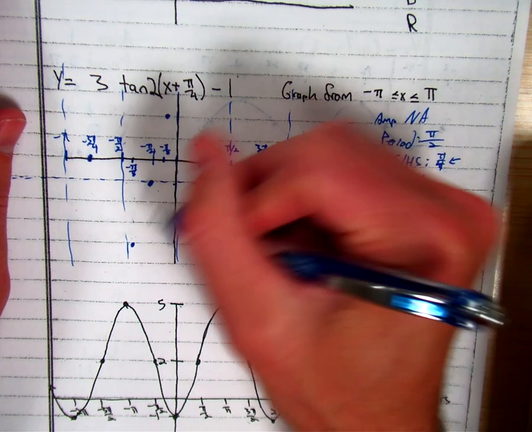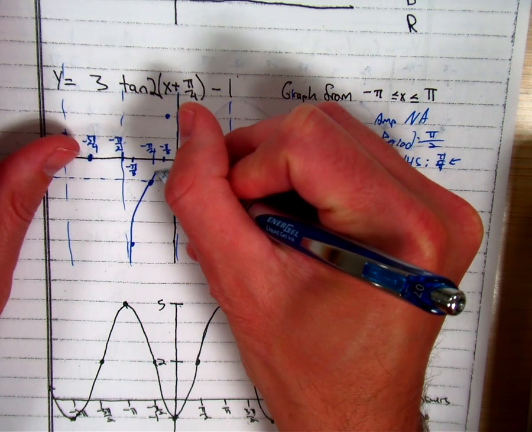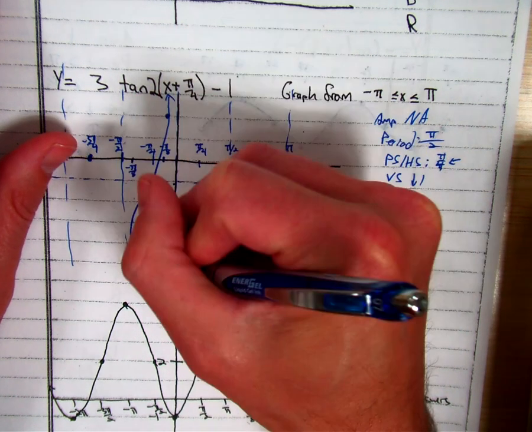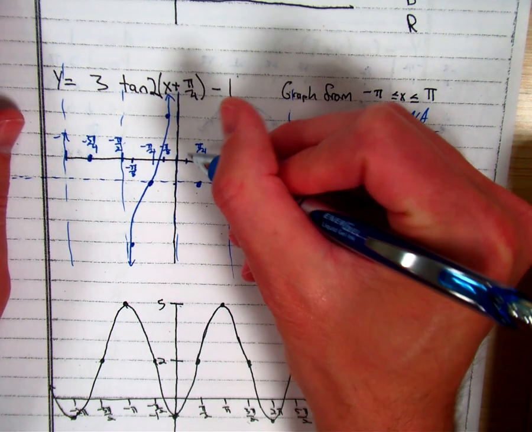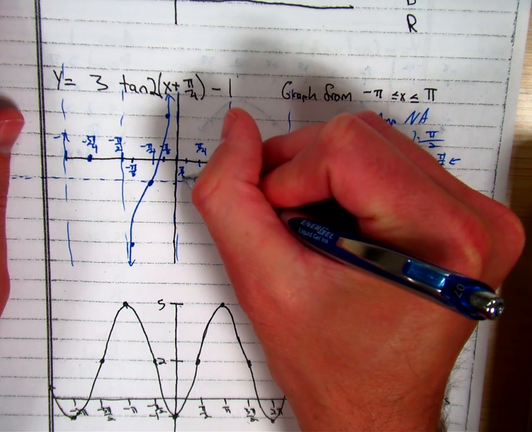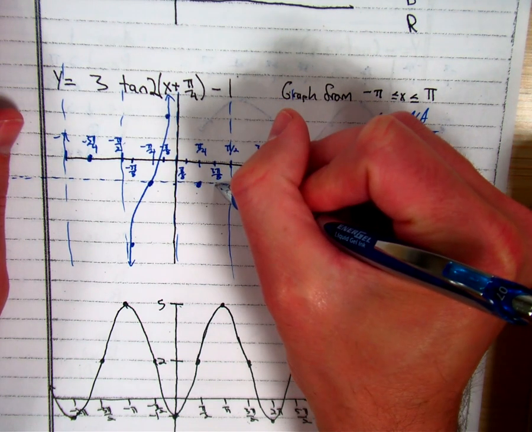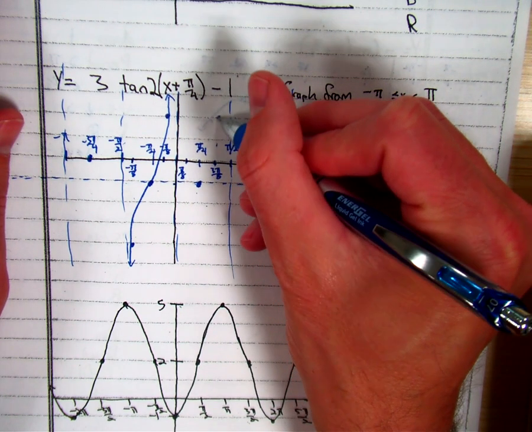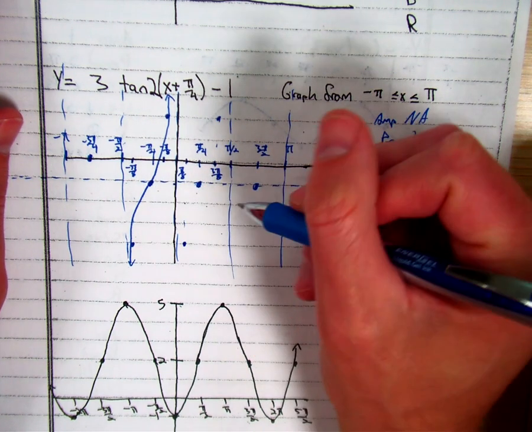And then we'll at least do this. We'll start challenging ourselves here some more. Let's at least do it on this one too. Pi over 8, and then positive 3 pi over 8. Over, up, 1, 2, 3, over and down, 1, 2, 3.